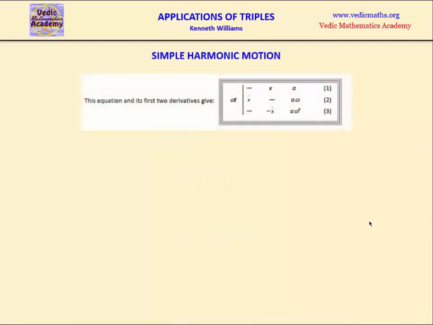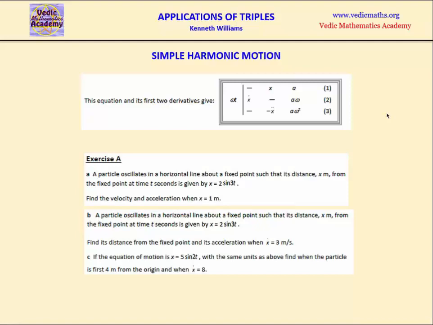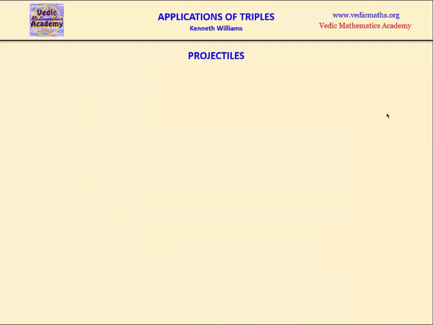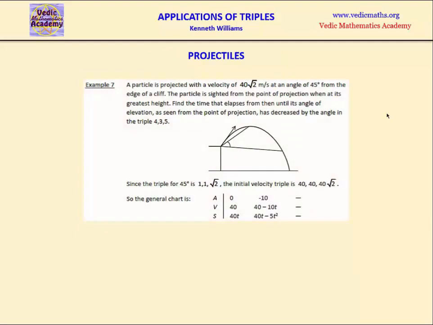Simple harmonic motion, these three triples here represent distance, velocity and acceleration, and problems with simple harmonic motion become just finding numbers in this 3x3 array. So we can solve problems like this. Projectiles too, there are three triples, and acceleration, velocity and distance triples, which can be combined into a neat pattern like that.